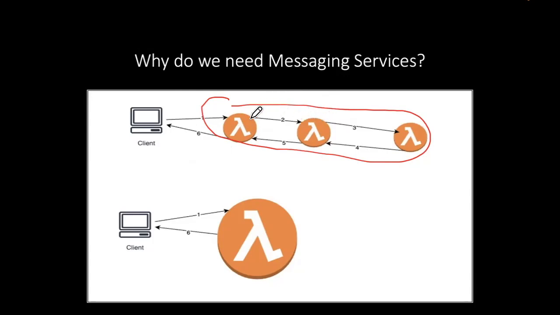Now, of course, you could argue, well, one way of getting rid of that is to bring all of the functionality that we have scattered across these three lambdas and put it into one lambda. We no longer have availability related issues in that case, and the spike in demand we can deal with to a degree as well.